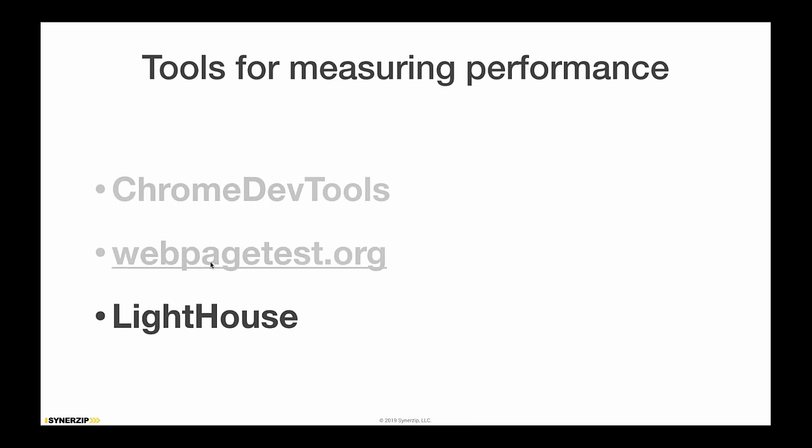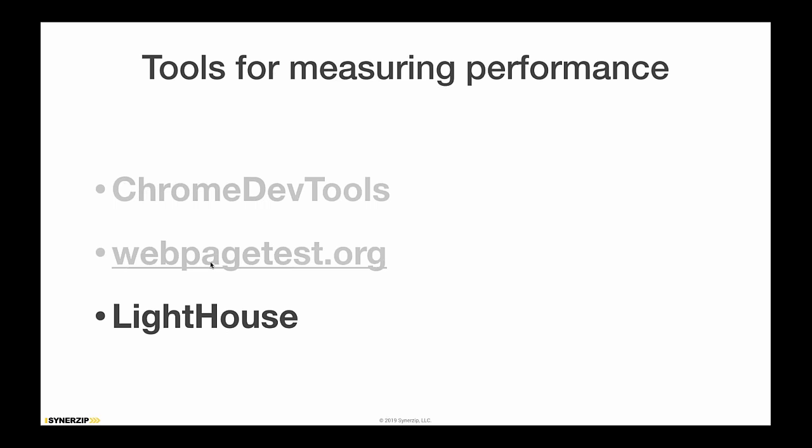Lighthouse is a tool which is available in Chrome DevTools, in the Chrome browser as a Chrome extension, or as a node module which can be included in our build systems, or within WebPageTest, the earlier tool which we saw. It simulates a mid-range device with a slow connection and runs a series of audits on the page.